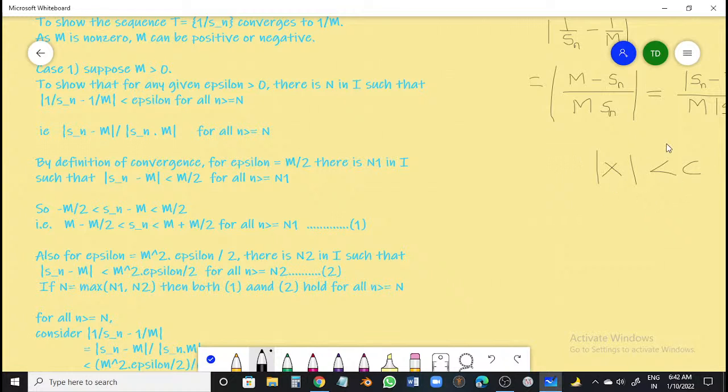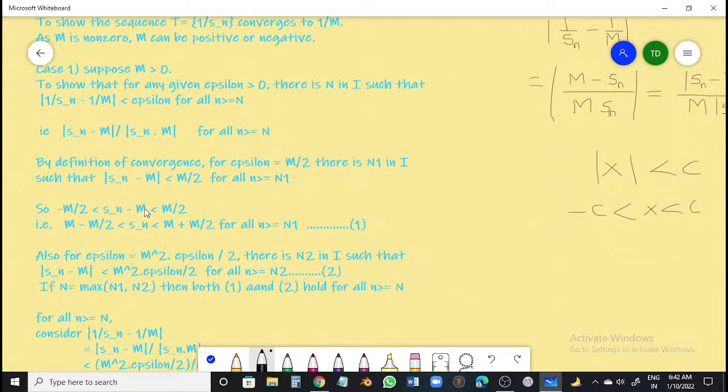We say this statement is equivalent to minus c less than x less than c, meaning the value in the modulus sign lies between minus c to plus c. This is what we have handled. We are saying this Sn minus m lies between minus m by 2 to plus m by 2. This is true for all n which cross n1, which are greater than n1.